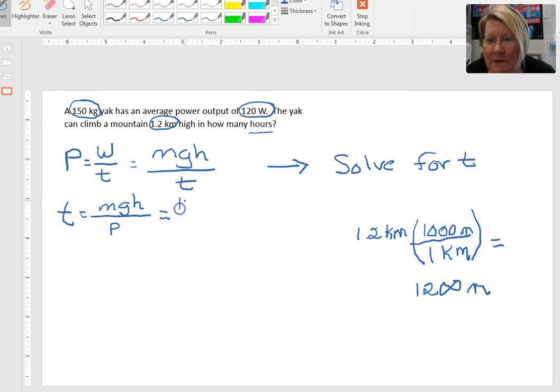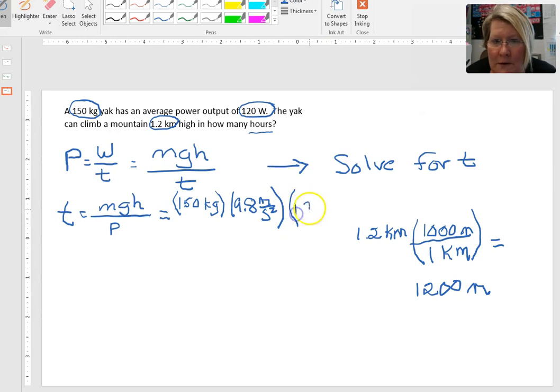Our mass is 150 kilograms. Gravity, 9.8 meters per second squared. And our height we calculated to be 1,200 meters. That's coming from down here.